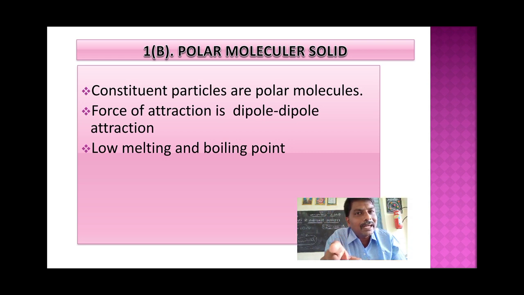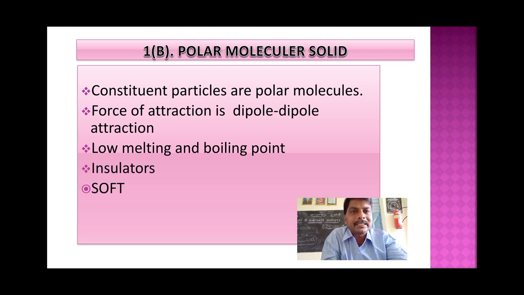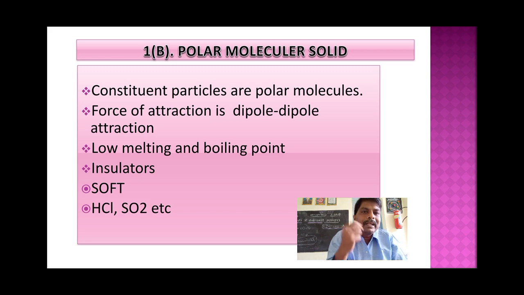But this solid also has a low melting point. Compared to the previous one, its melting point is a little bit more. Next, these are also soft, and these are also insulators. Example, HCl molecule. What is the dipole moment of the HCl molecule? Not equal to 0. What is the dipole moment of the SO2 molecule? Not equal to 0.